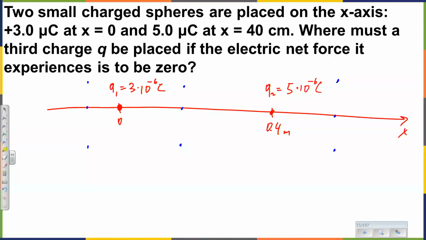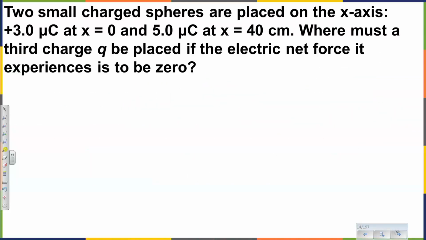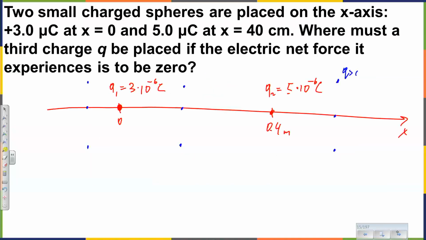Now we need to analyze each location one by one and eliminate all of those which don't give net force equals 0, never ever. For example, if I place my third charge here, and I remember we are told it was positive, what should be happening?